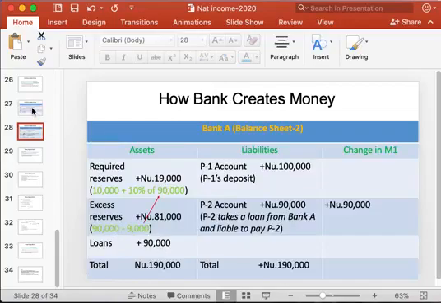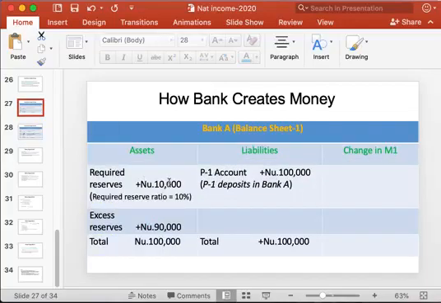I think you will understand better from here. If the required reserve ratio is 5%, then the required reserve here with the central bank of the bank A will be 5,000 here, and the excess reserve will be 95,000 here, and this 95,000 can be provided as loan to another person.